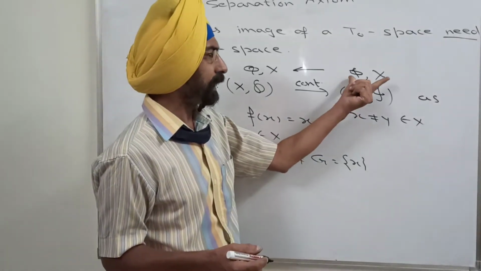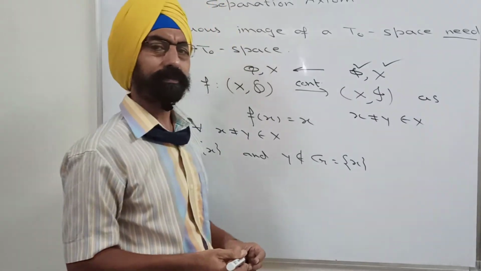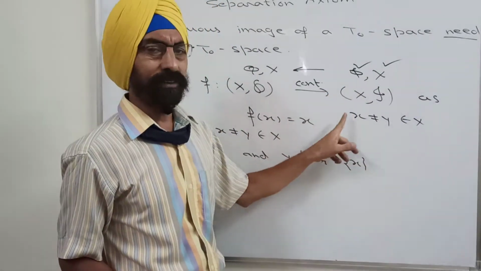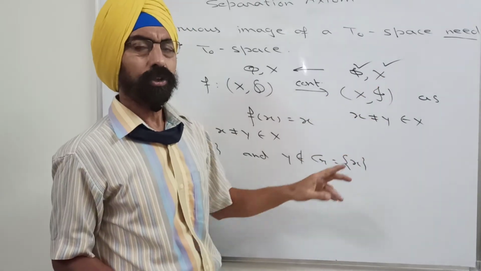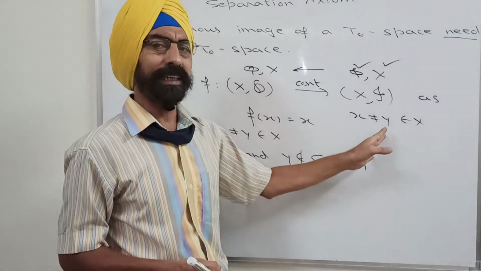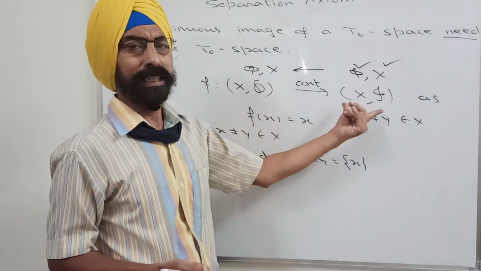But unfortunately we have only two open sets, phi and X. The first open set does not contain either of these, and the second one contains both. So from where can we have an open set which contains one of these and does not contain the other? That is not possible. So this is not a T-naught space.